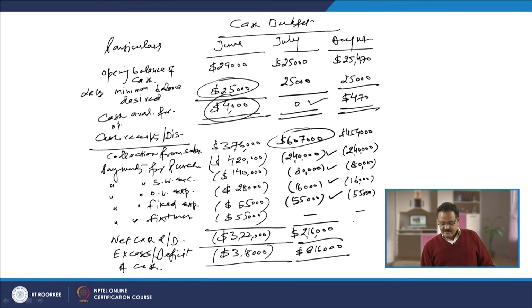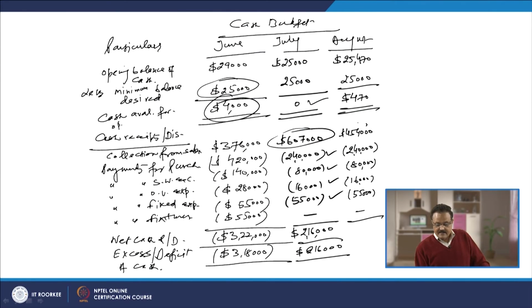So again you have to find out the net cash received over disbursed. What is the net balance? Whether the receipts are more or the disbursements are more? These are the total collections and these 4 are the total payments.